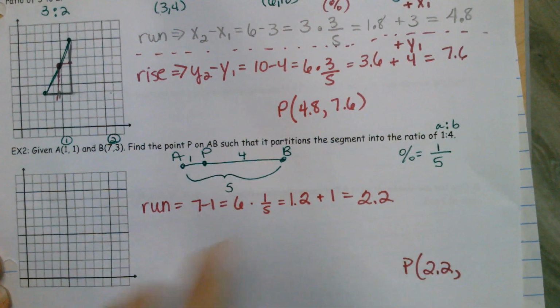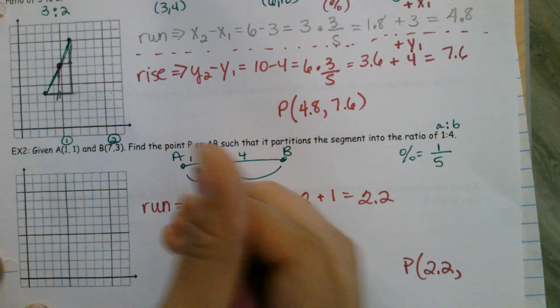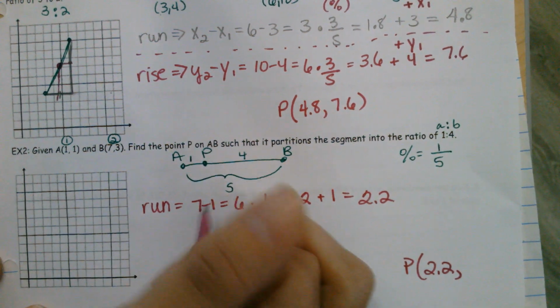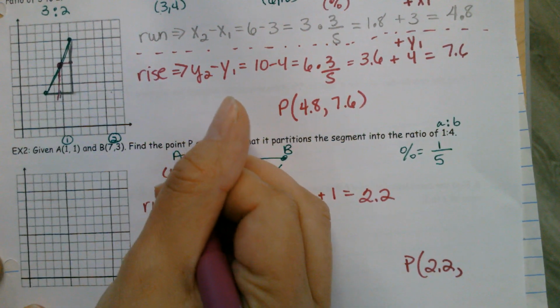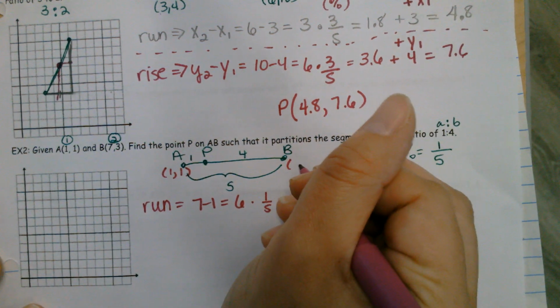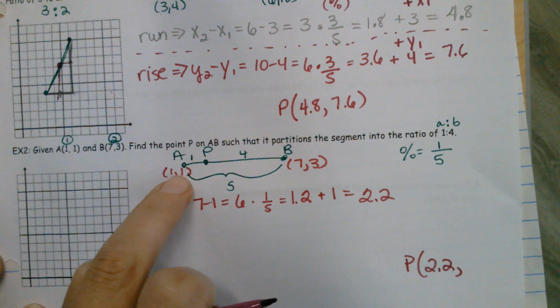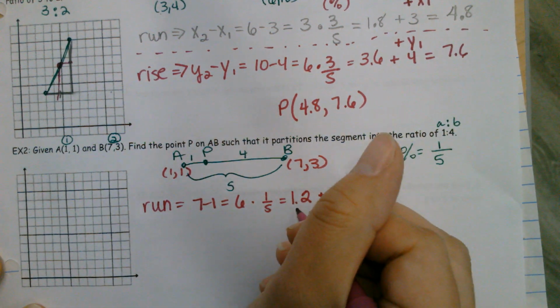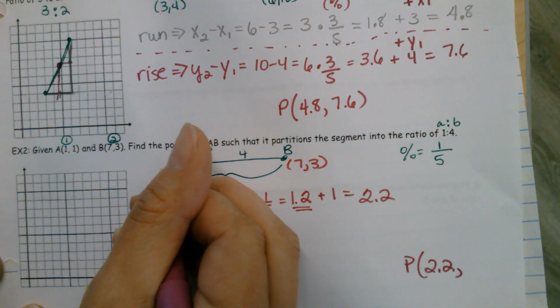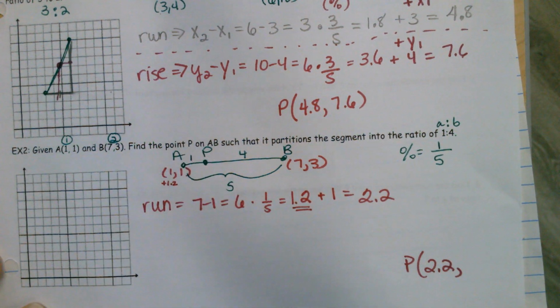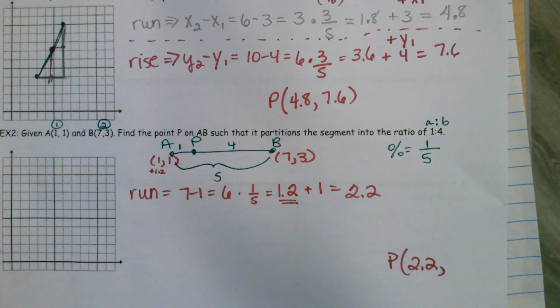So when we are moving, it's in between A and B. A is at (1, 1), and B is at (7, 3). So I know this point P is 1.2 away from 1. So really, we're adding 1.2 to 1. But because we can't do that, we're going to add 1 first.